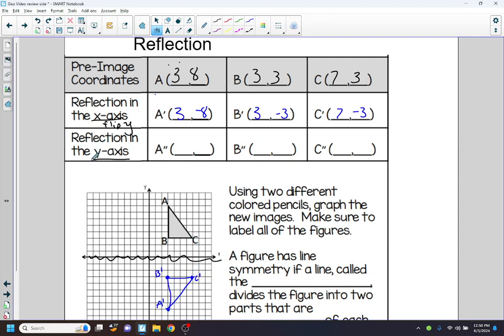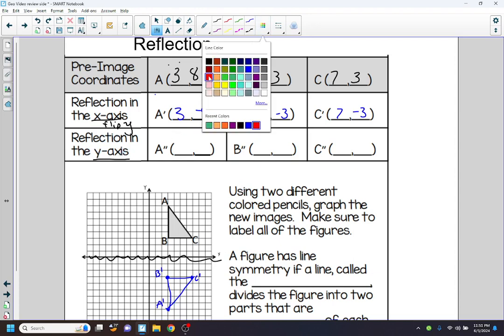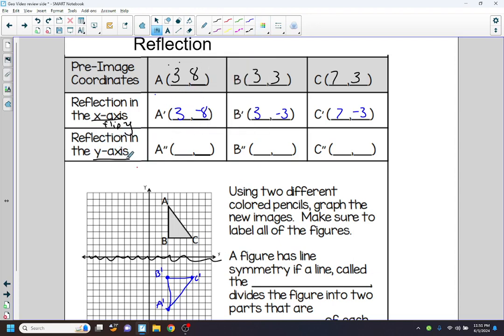This one, reflection over the y-axis. When I'm doing it over the y-axis, that means my x is getting flipped, so flip x. From the pre-image, it's going to be negative 3 comma 8, negative 3 comma 3, and negative 7 comma 3. So let's go to B. This will be B prime.